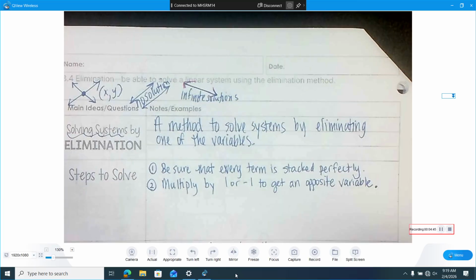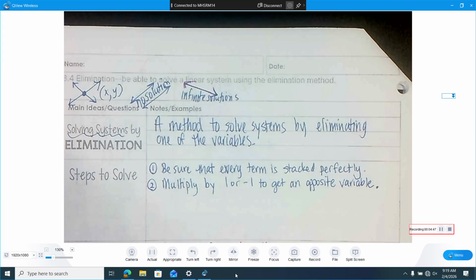To get an opposite variable, what we want to see is like a positive 7x, and what's its opposite? What's the opposite of positive 7x? Negative 7x, yeah. So that's what we want to see. We want to see opposites, positive 7x and negative 7x. Or maybe we want to see positive 9y and negative 9y. So we want to see opposites, okay?